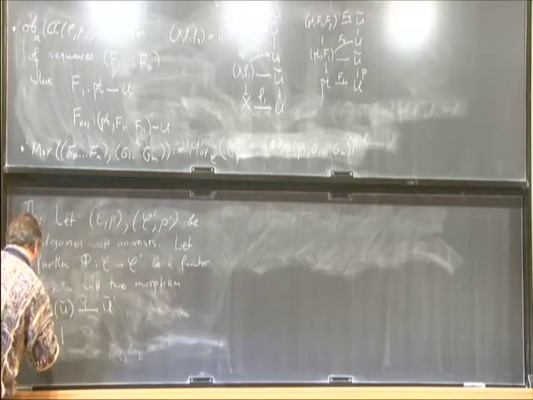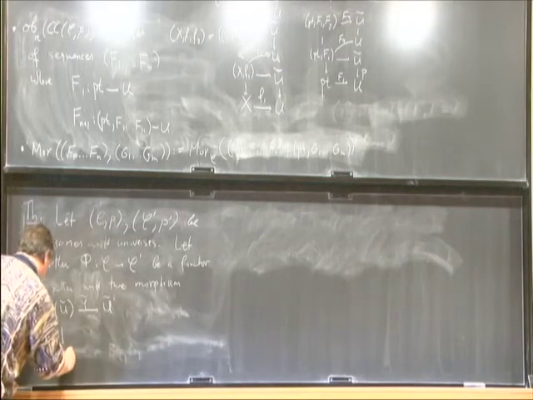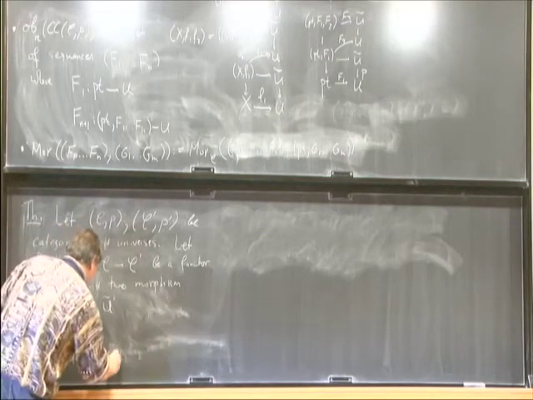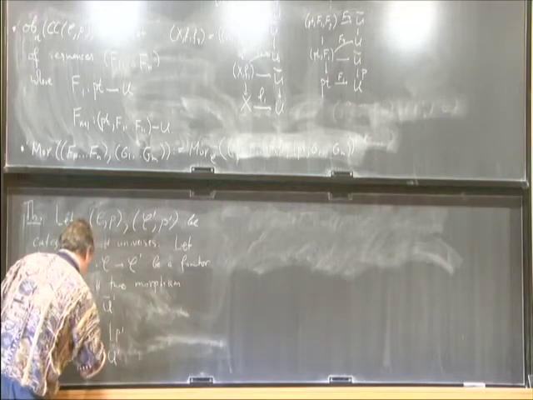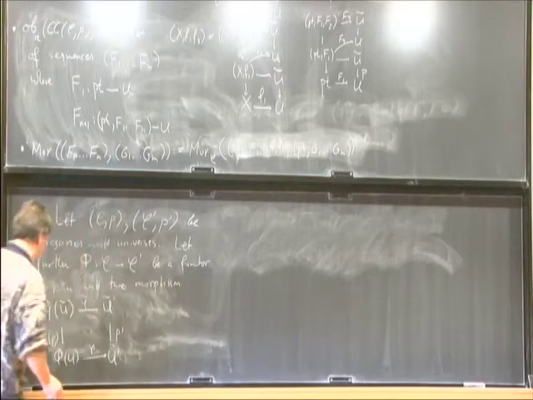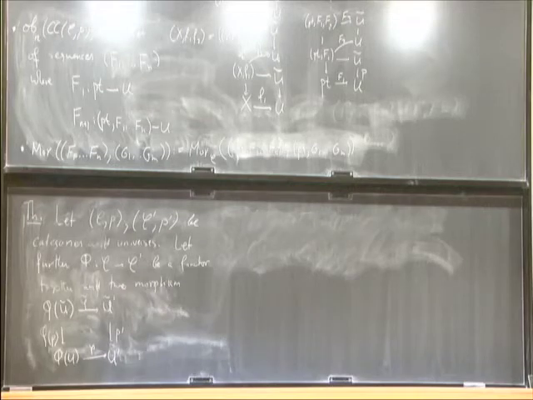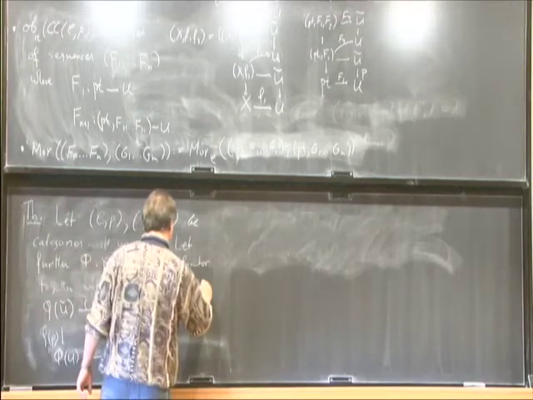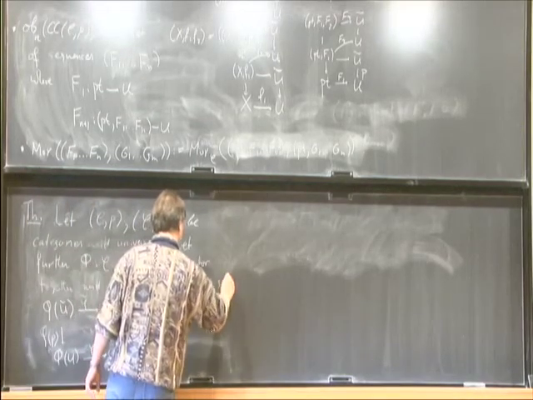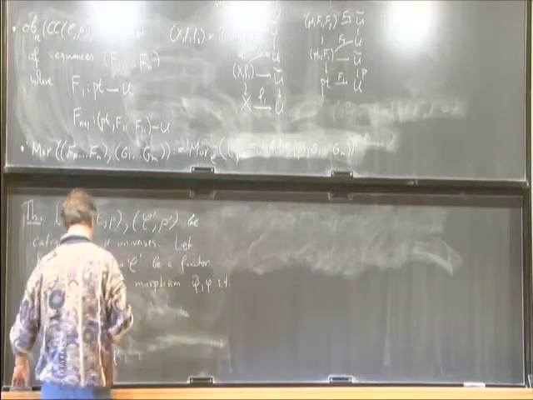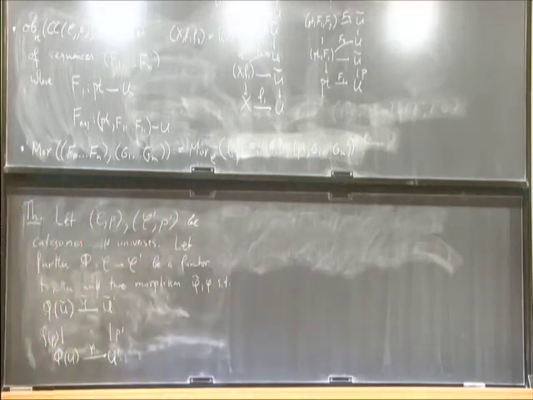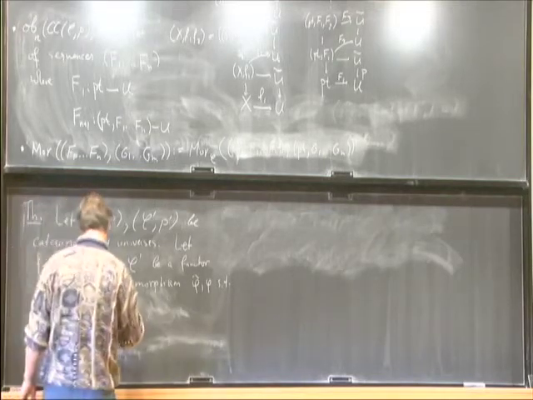It will be phi of P, phi of U, U prime, P prime, and phi without tilde, with two morphisms phi tilde, phi, such that this square commutes. Morphisms so far.